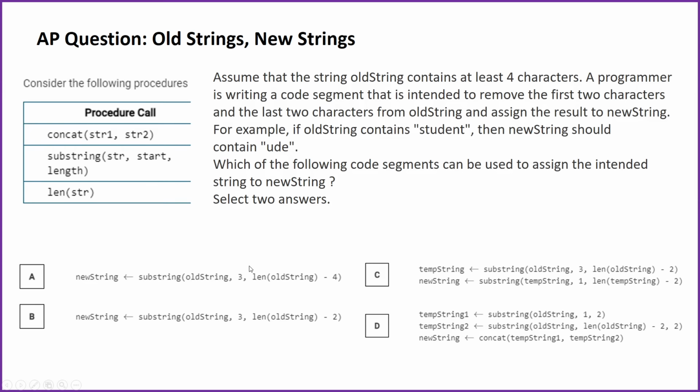Okay, so the length of old string, -4. Why -4? Seems so weird. Length -4. Okay, and basically it says remove length -4 from old string, starting at number 3.